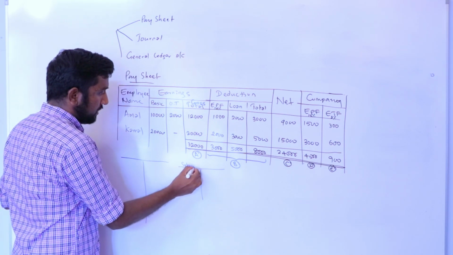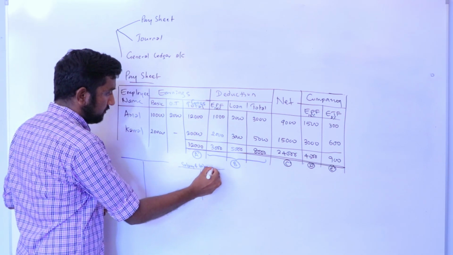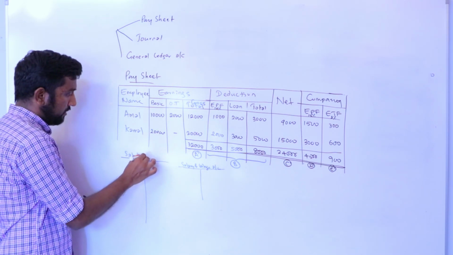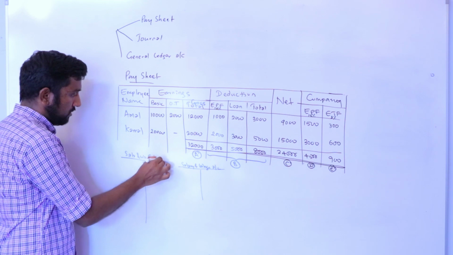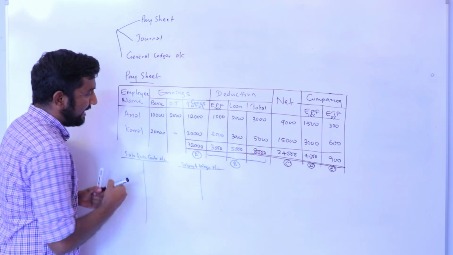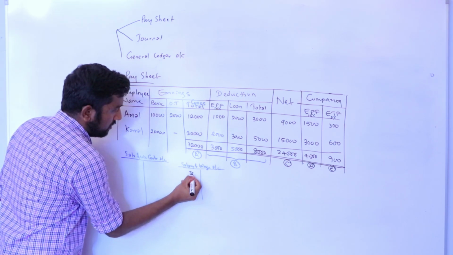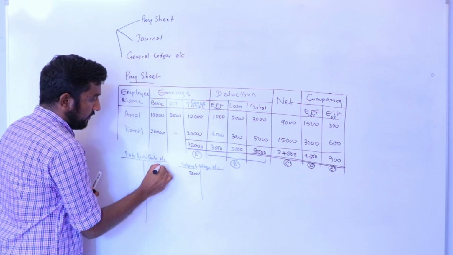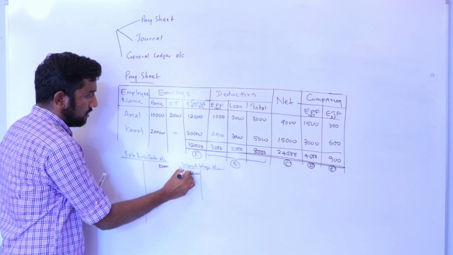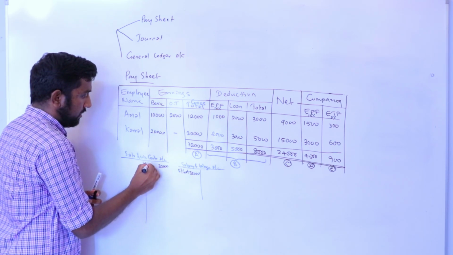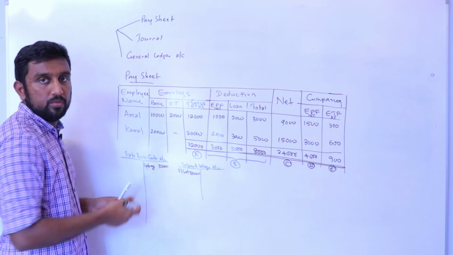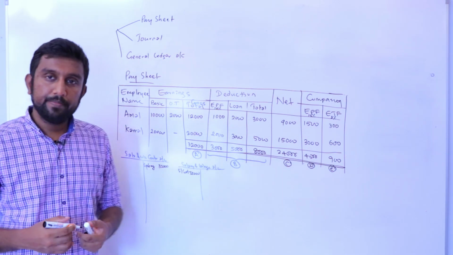So the double entry is salary and wages account debit 32,000 and salary wages control account credit 32,000. Here I'll put salary control, here I put salary account, right? So that you know. Then deduction.